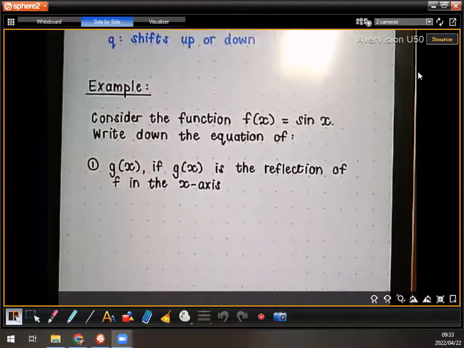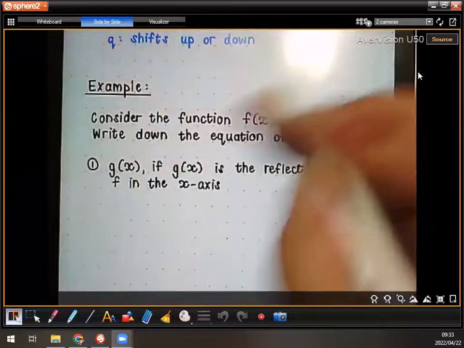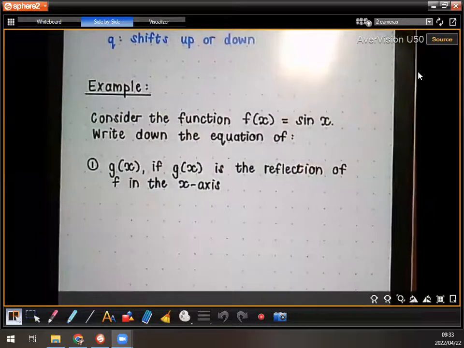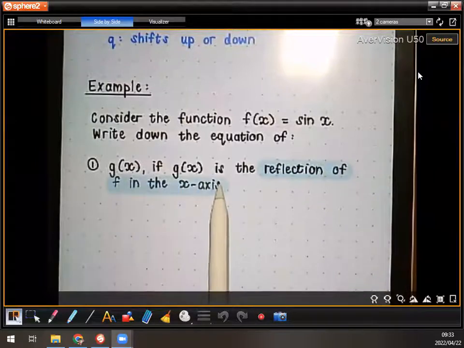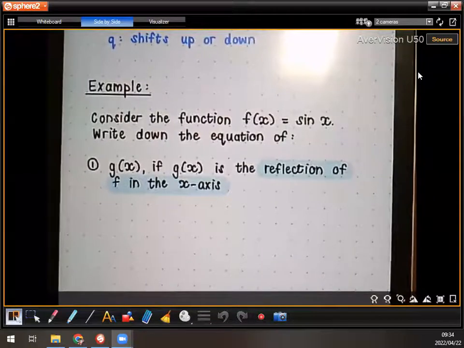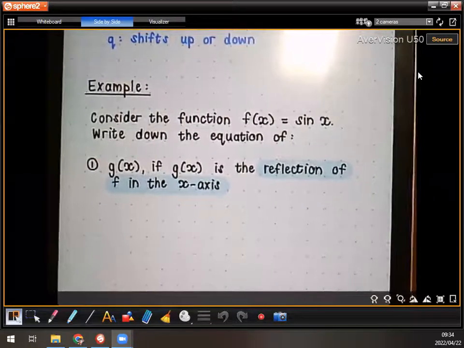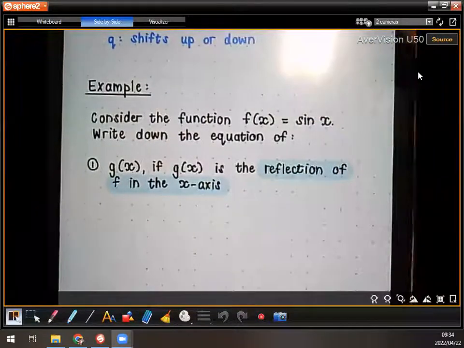But what is g? g is the reflection of f in the x-axis. So as soon as you see that, I want you to think, okay, reflection in the x-axis, that means that the sign of a is going to change. Whatever your original a value is, that sign is going to change. So let's write that down.